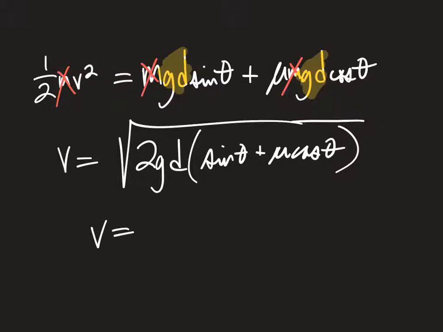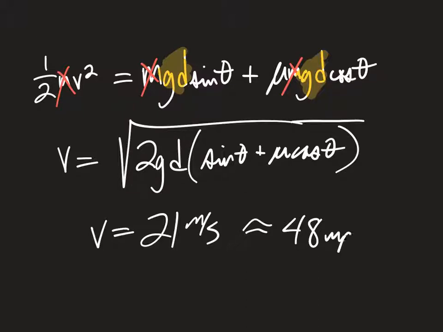If you plug and chug all of that stuff in there, you should get, I think it was 21 meters per second, which was roughly 48 miles per hour. So don't bother going to traffic court. All right?